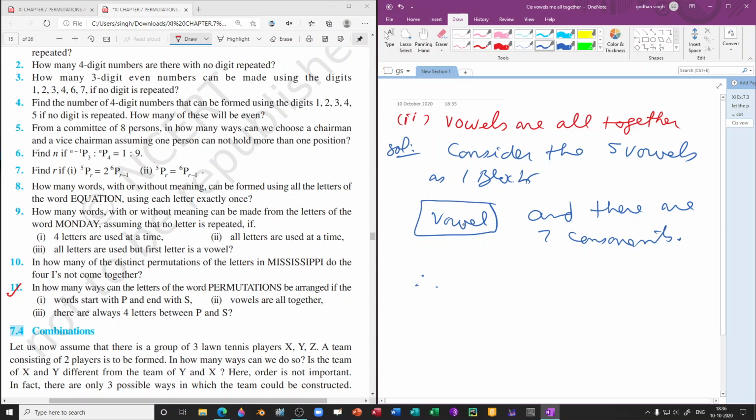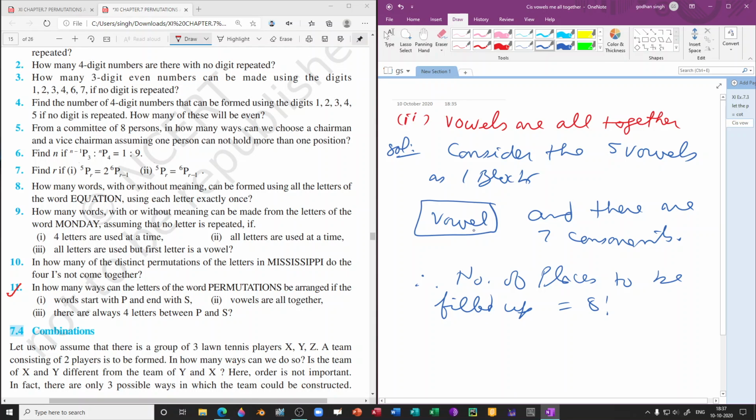So in total, we have to fill up how many places? 8 places. Therefore, the number of places to be filled up is equal to 1 plus 7, that is 8 factorial.